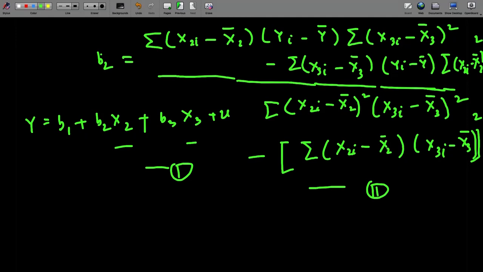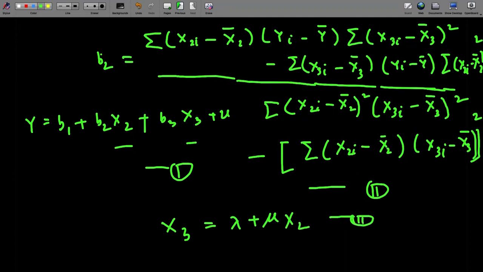Now, let us take the case where x2 and x3 are perfectly linearly related. Let us say x3 is equal to mu x2. This is my equation 3.